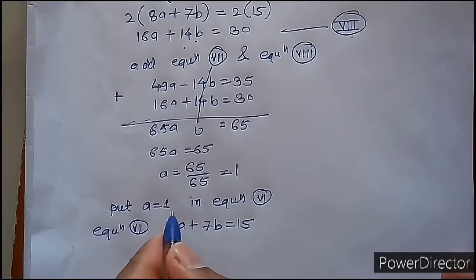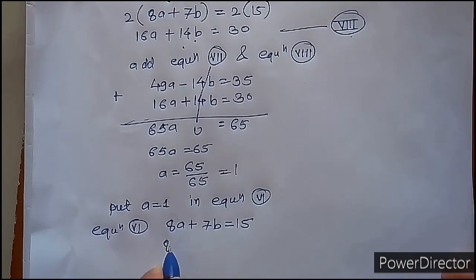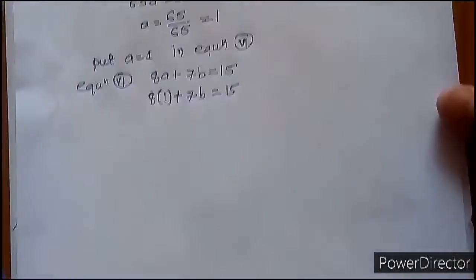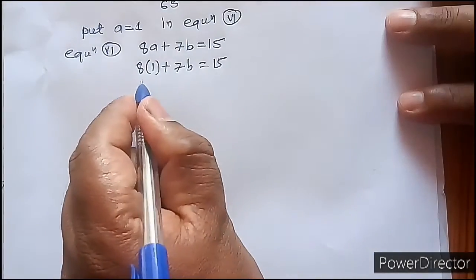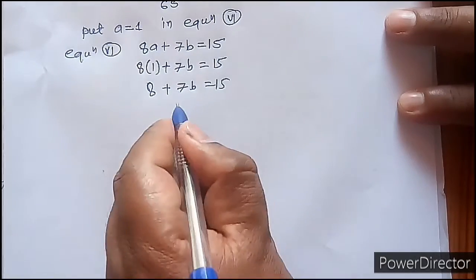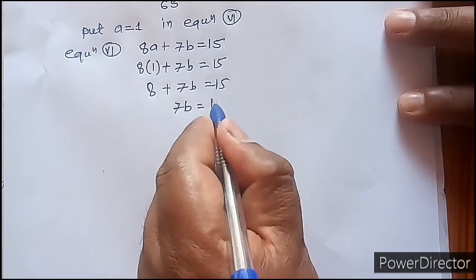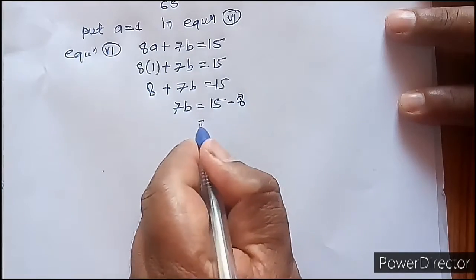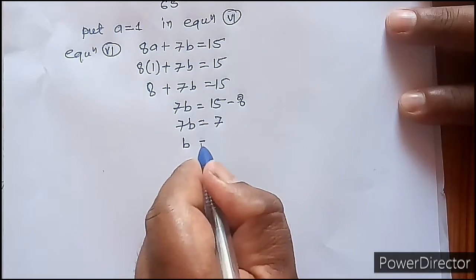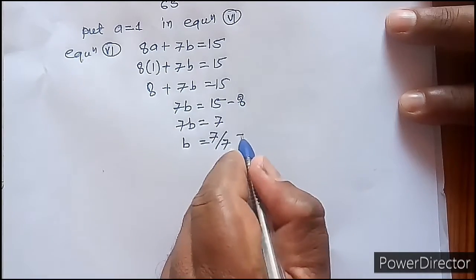Now the value of a is 1 here, therefore 8 into 1 plus 7b equals 15. Now 8 into 1 is 8, plus 7b equals 15. Therefore 7 of b will be equal to 15 minus 8, that is 7 of b equals 7. The value of b will be 7 by 7 equals 1.